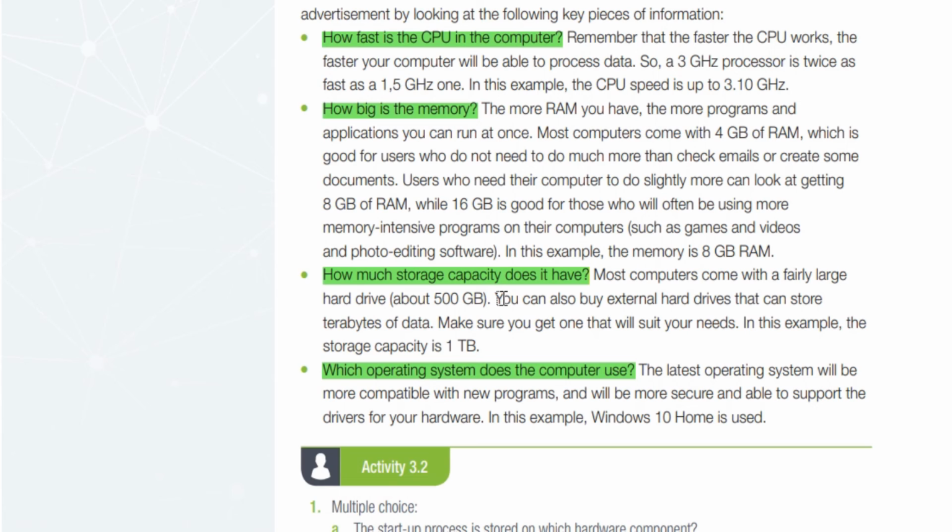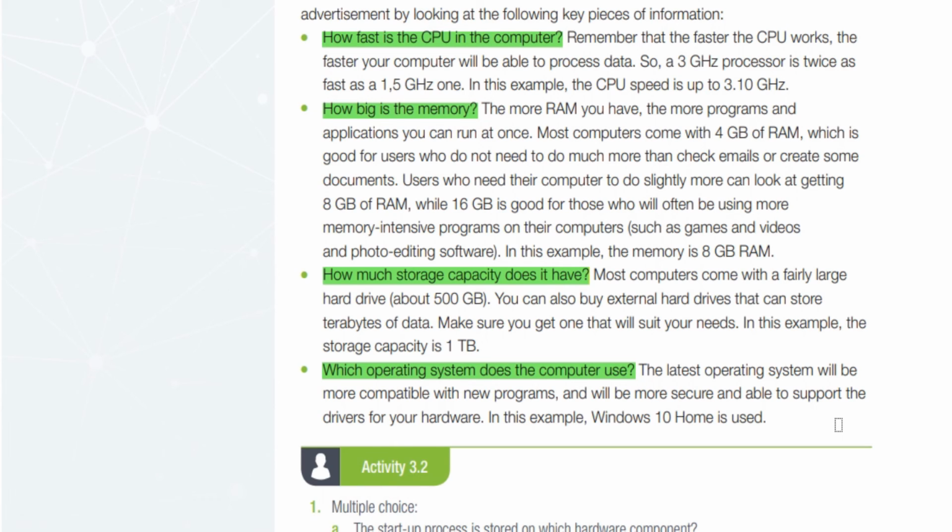How much storage capacity does it have? Most computers come with a fairly large hard drive, about 500 GB. You can also buy an external hard drive that can store terabytes of data. Make sure you get one that will suit your needs.